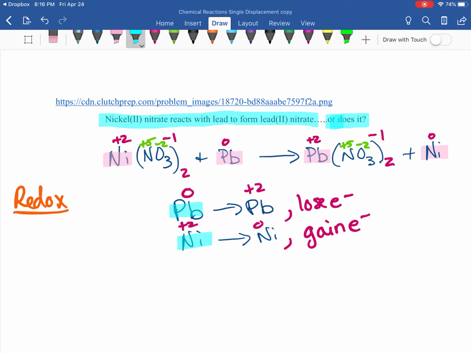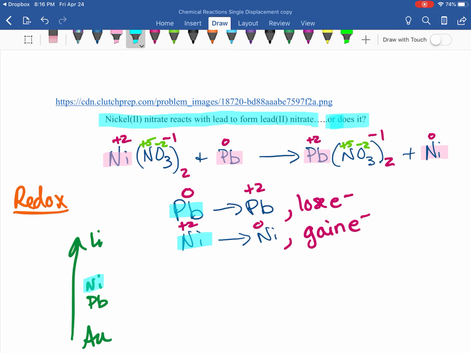I'm sure you can make all kinds of bad dating jokes right now. But your strongest one ends up bonded. And then we're going to gain electrons to do that. All right, so these two are the two that are switching places, and those are the two that you compare on your activity series. So remember, we're going from gold to lithium. So let's find lead. That's kind of here.